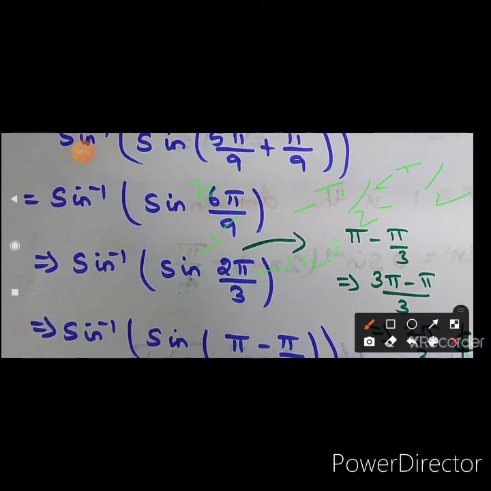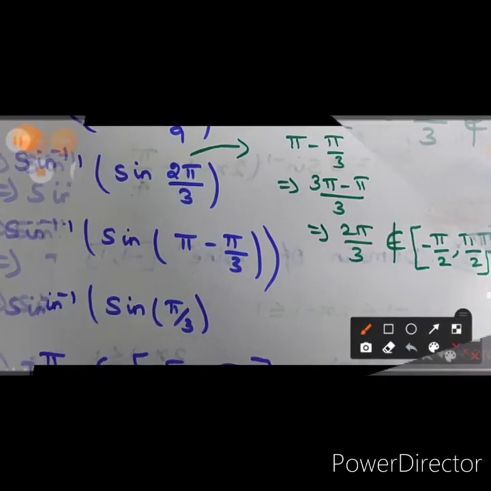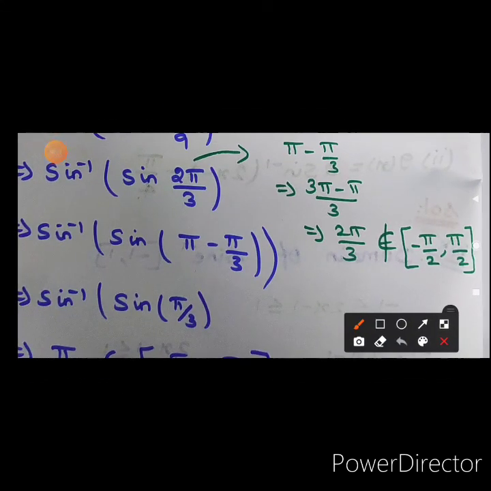So pi minus pi by 3, here taking LCM, 3 pi minus pi by 3 is equal to 2 pi by 3. It's not belonging to minus pi by 2 comma pi by 2.